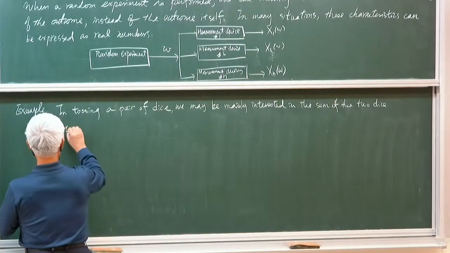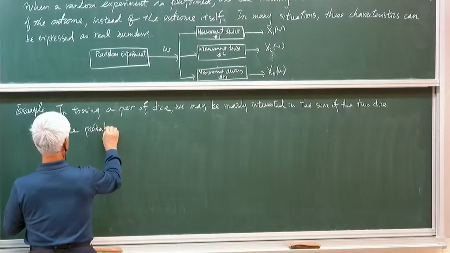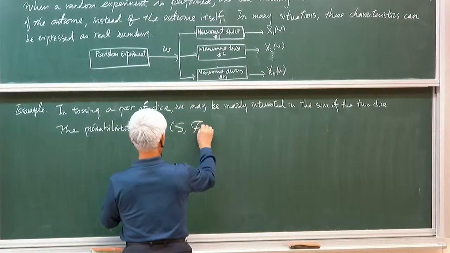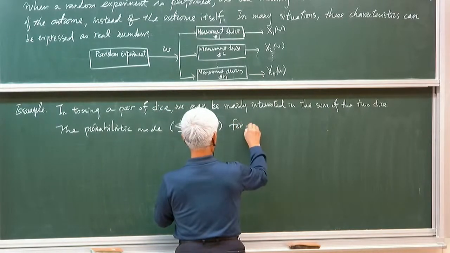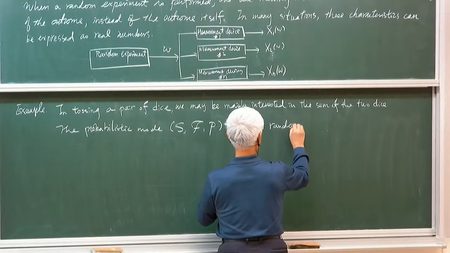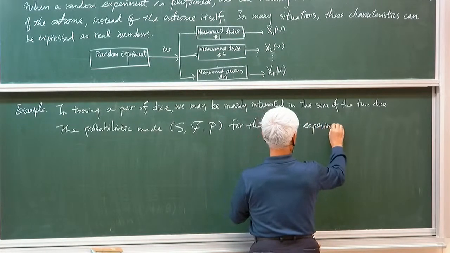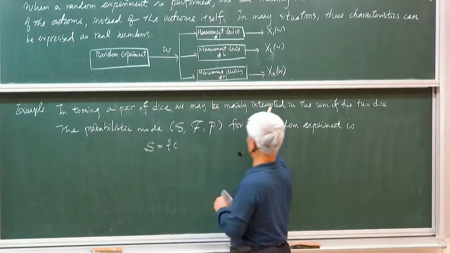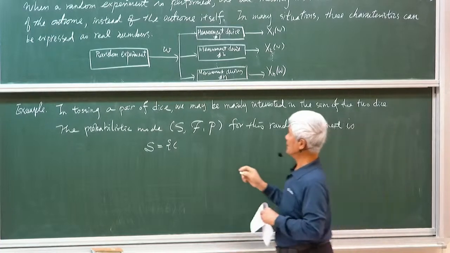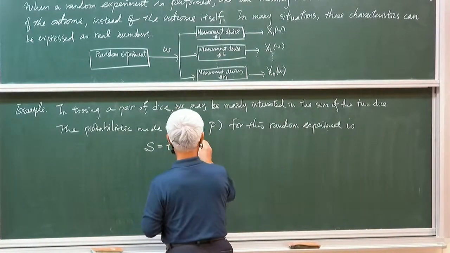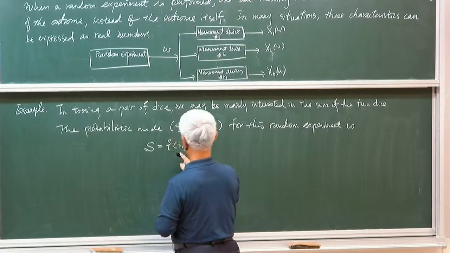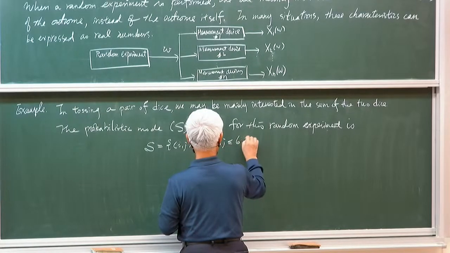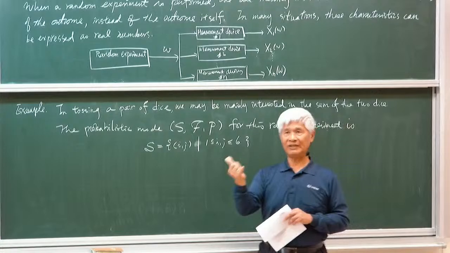And so the probabilistic model (S, F, P) for this random experiment is here, the S. Because we are mainly interested in the sum, the representation of a pair of dice will be described by a pair of integers, and note these two integers are between 1 and 6, corresponding to the 6 faces of a die.